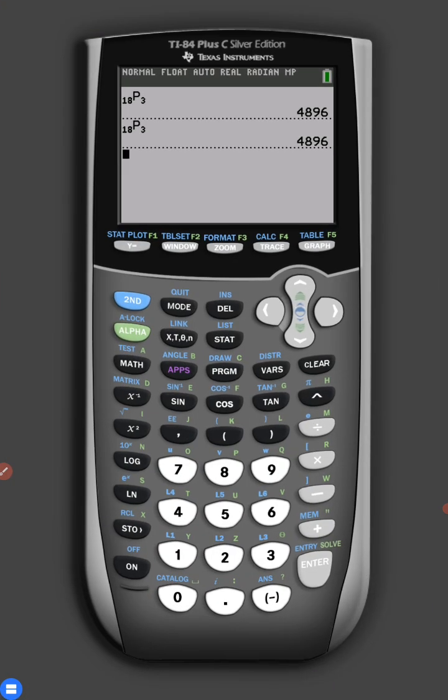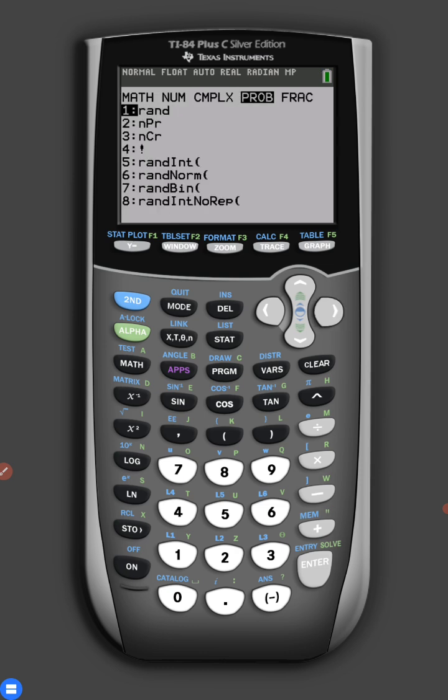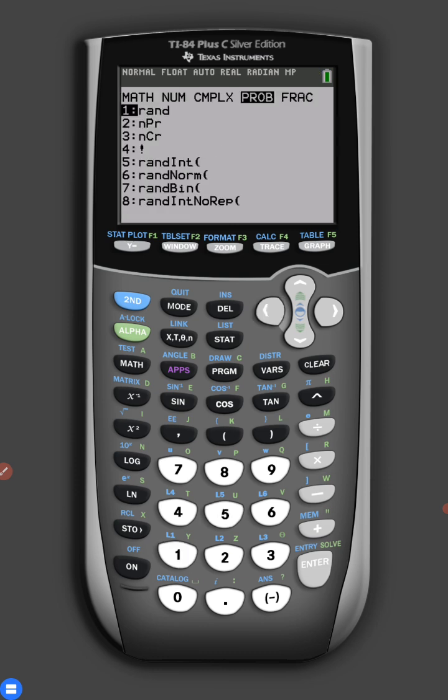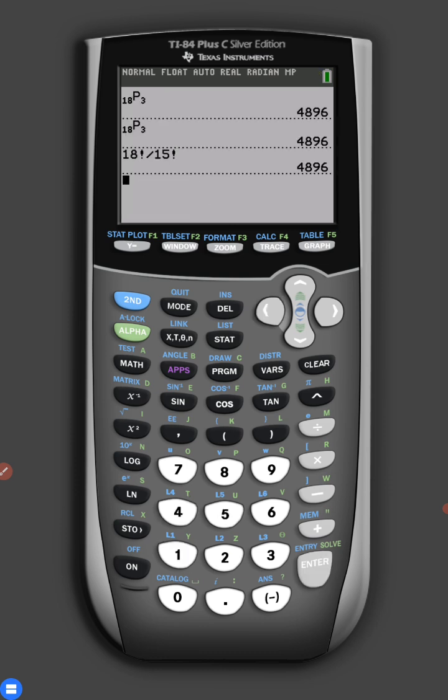So if I type the 18 first, I click the math button again, I go over to probability, you'll notice the fourth option down is an exclamation point. So if I click that, and then I do divided by 15, math, exclamation point, boom, I get the exact same answer. So there's 3 different ways that you can get the same answer when you're dealing with a permutation.